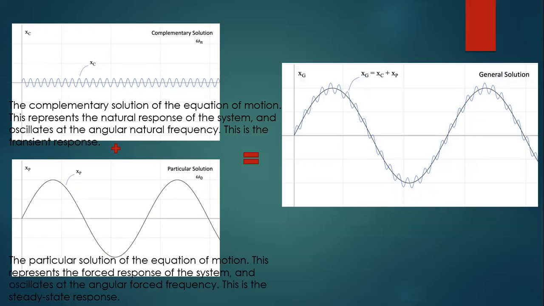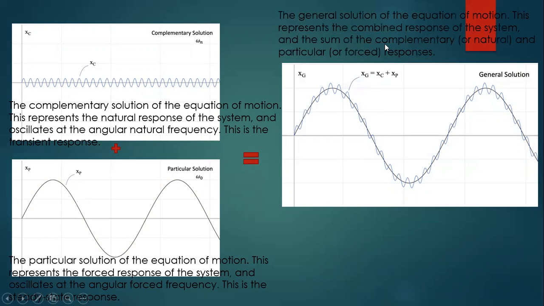This represents the steady state response. So this is the steady state response, and this is the transient response. The general solution of the equation represents the combined response of the system, the sum of the complementary or natural response and the particular or forced response. So this is the sum of two responses.